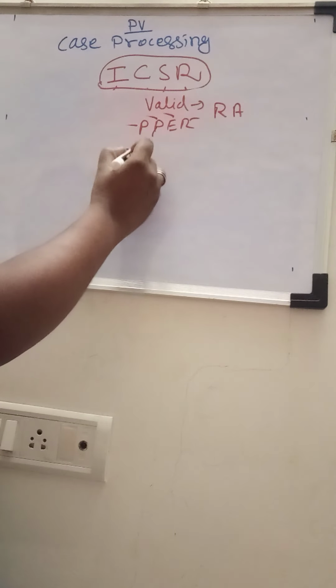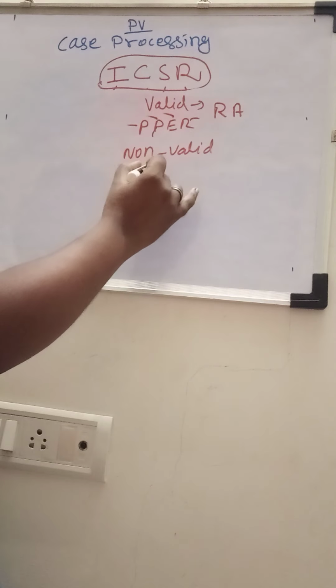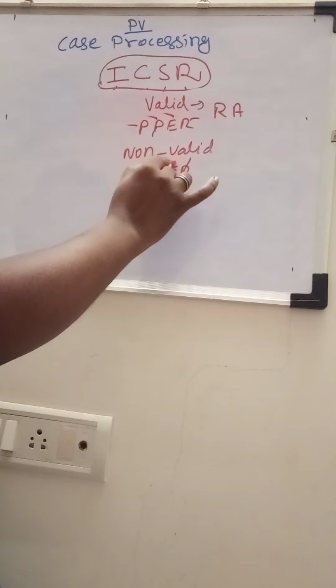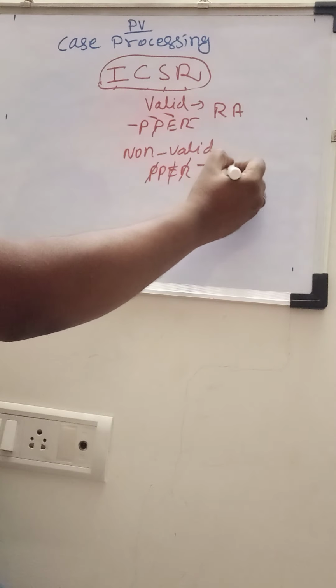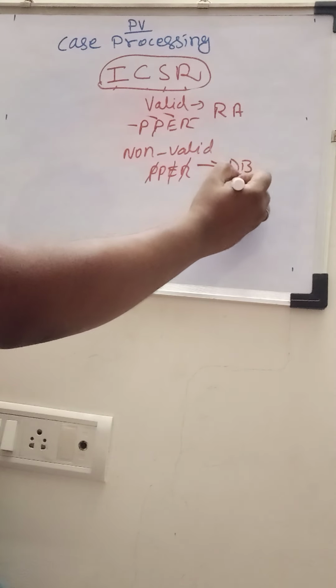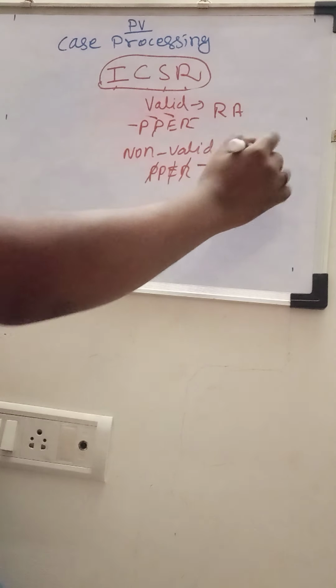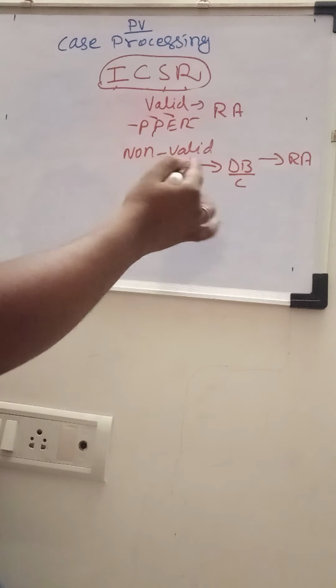If it is a non-valid case, for example, any one of the criteria doesn't meet, say the event is not clear or is not there, it will remain in our company database. It won't be eligible to submit to the regulatory authority until we get follow-up information.